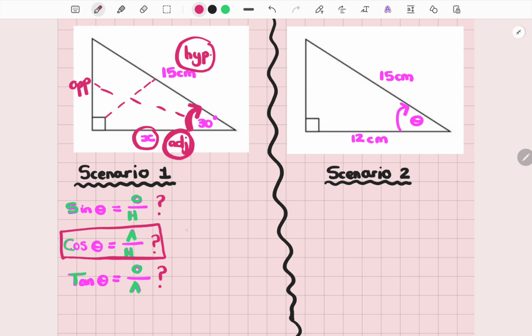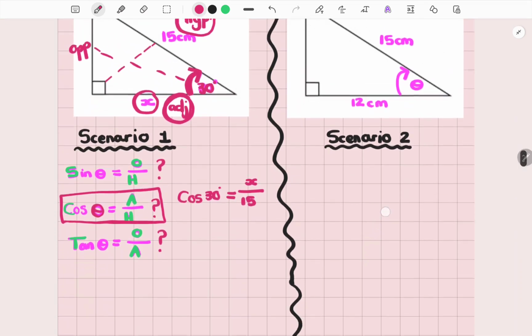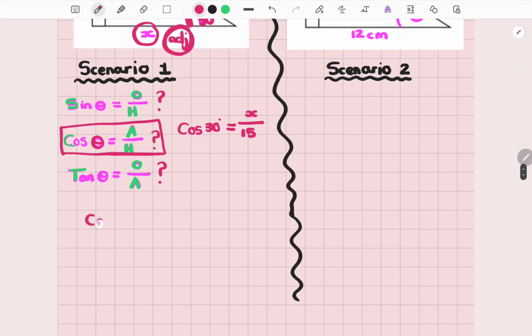So I'm going to write that in. Theta represents the angle size, which is 30 degrees. Cos theta is equal to the adjacent, which is x, over the hypotenuse, 15. Rewriting it: cos 30 degrees is equal to x over 15.